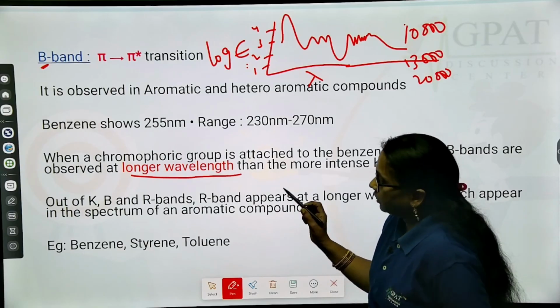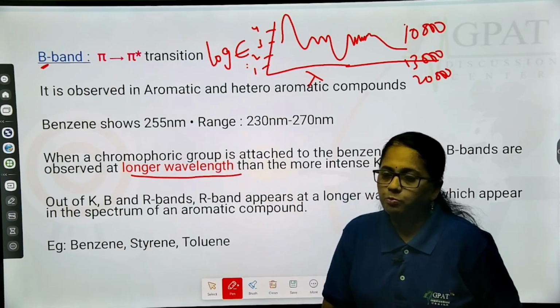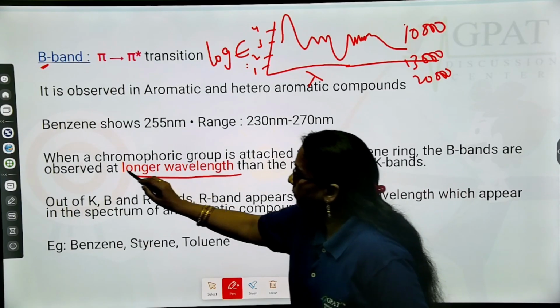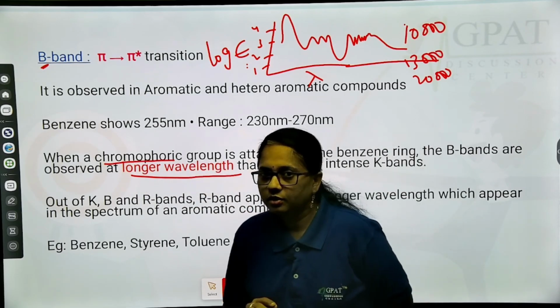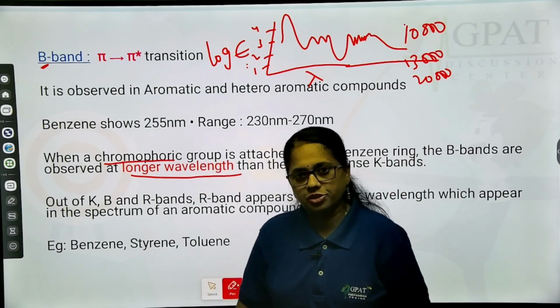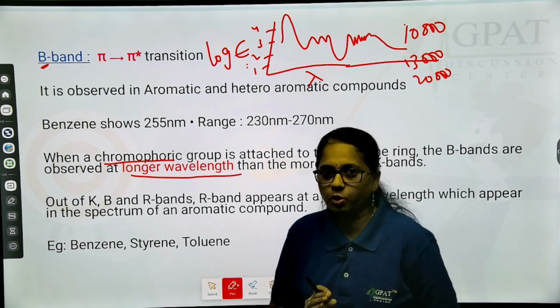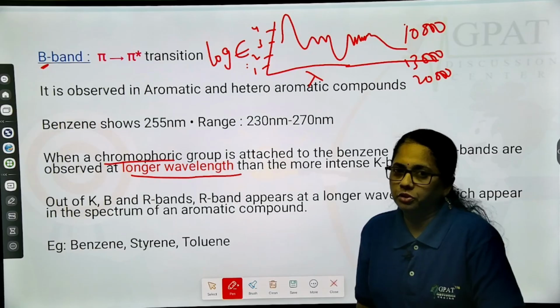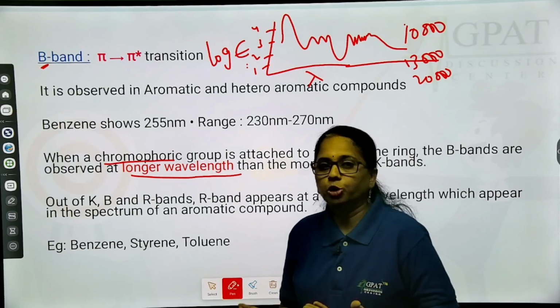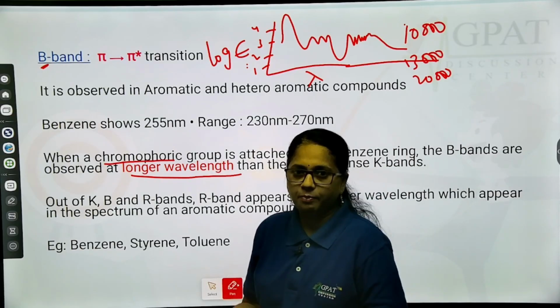Okay, so why does this B band absorption take place? We know that chromophores take up the UV energy, so those chromophores are responsible. A chromophore is a functional group that acts as a chromophore.